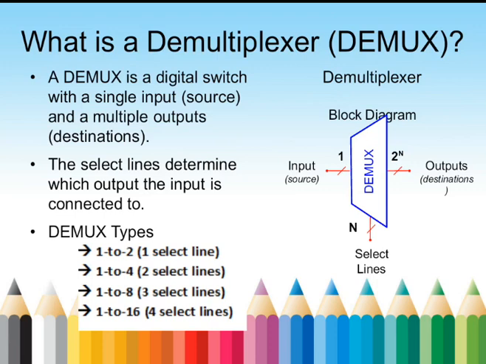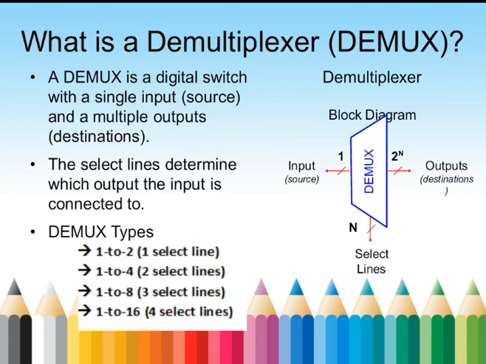They are 1 to 2 demultiplexer, which consists of one select line; 1 to 4 demultiplexer, which consists of two select lines; 1 to 8 demultiplexer, which consists of three select lines; and 1 to 16 demultiplexer, which consists of 4 select lines. Likewise, whenever the number of output lines increases, the number of selection lines also increases.